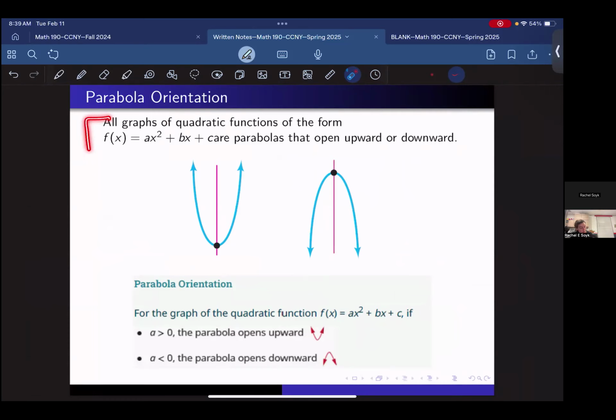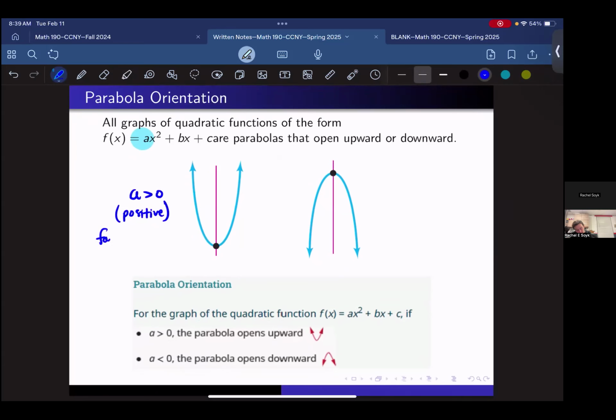So this is a notes page, really emphasizing when our parabola is upright or upside down. The biggest thing that you want to look at here is your A value. If your A is positive, so if your A value is greater than 0, then it's going to be right side up. It's going to fan upwards.